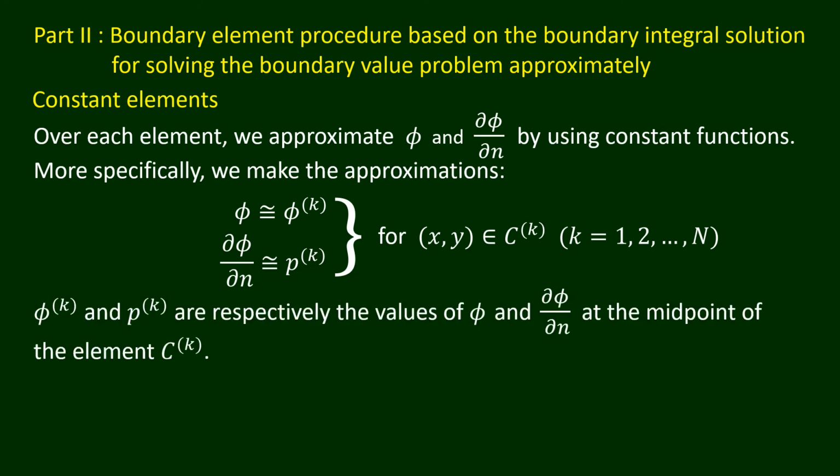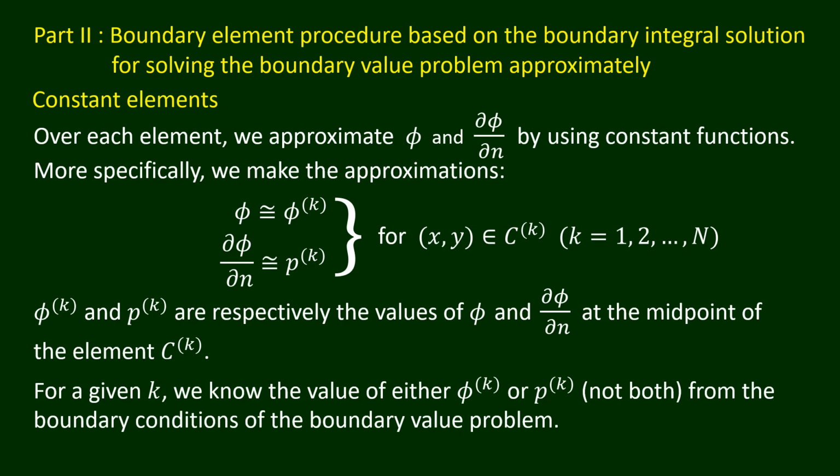Phi k and pk are, respectively, the values of phi and del phi over del n at the midpoint of the element ck. For a given k, we know the value of either phi k or pk, not both, from the boundary conditions of the boundary value problem.